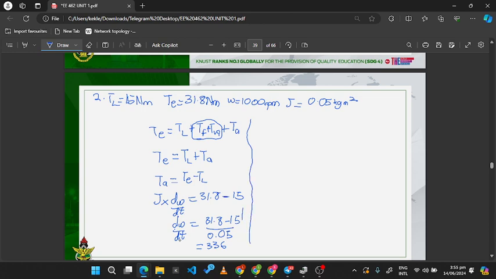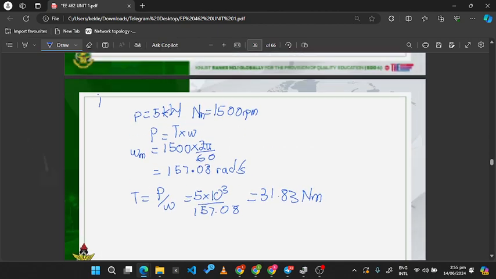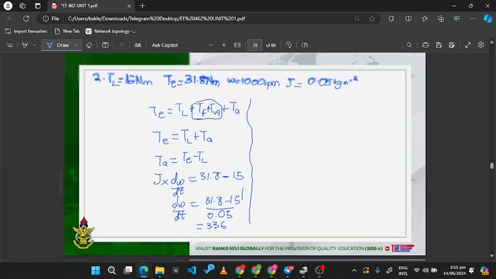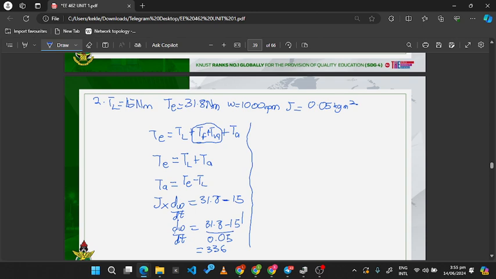So we are supposed to find how long it takes the motor to accelerate to that speed. Ideally we should have had the equation for the speed, so that we differentiate that with respect to time and then equate it to this. But the other assumption we are going to make is that the change in speed is linear, so the acceleration is linear, so that instead of using d omega by dt, we use the change in omega over the change in time.